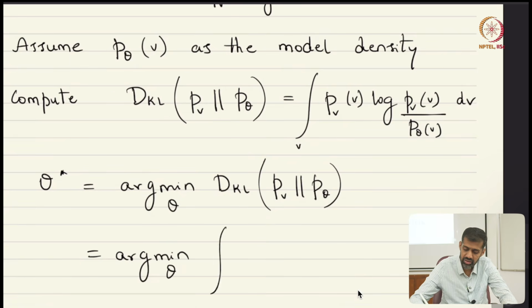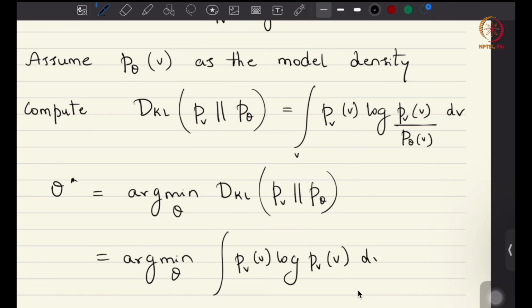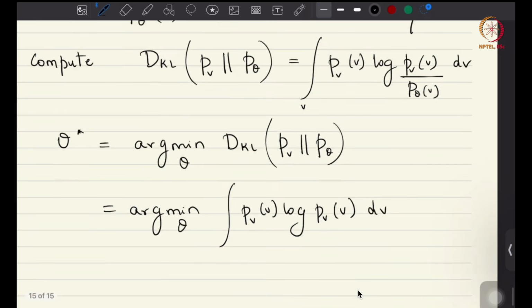Let us open this term out, and we have this integral PV log PV, and the second term is minus integral PV log P theta.